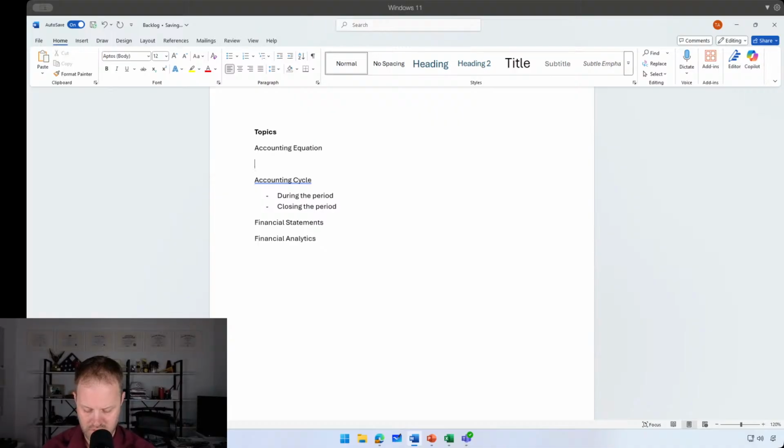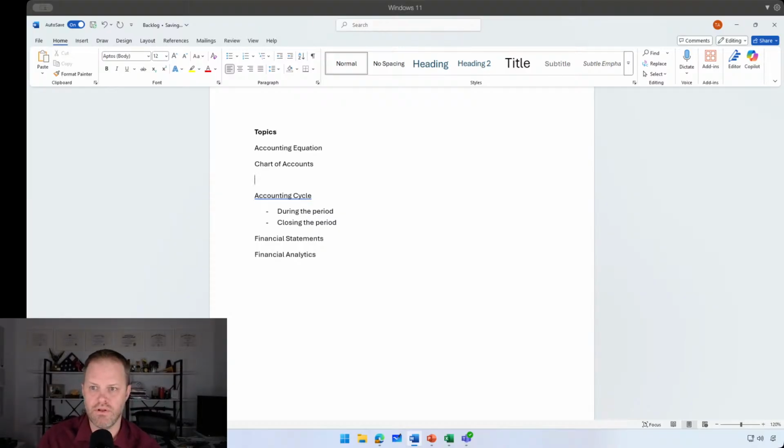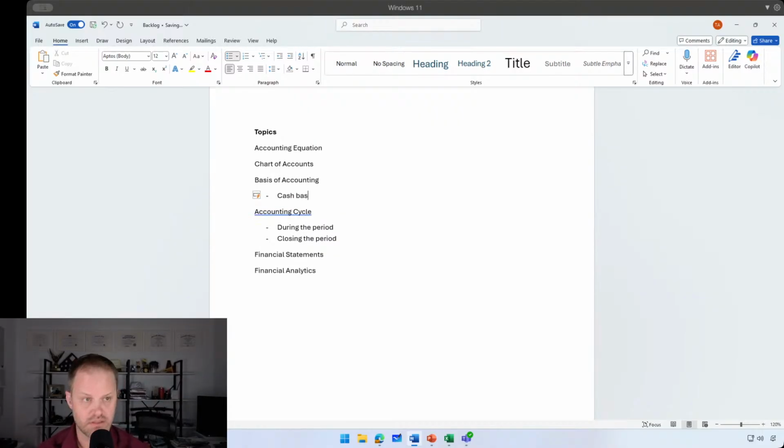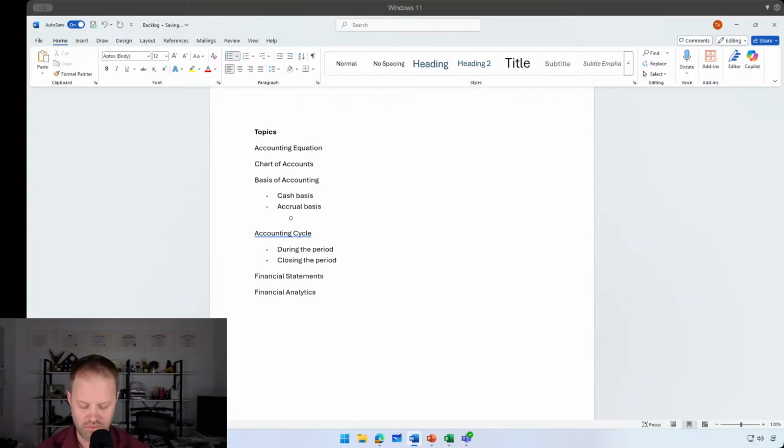We could go into chart of accounts. We could break down what all of the accounts mean, and then let's say basis of accounting. So we'll go through cash basis and accrual basis. In accrual basis, we really have to explain accruals and deferrals.